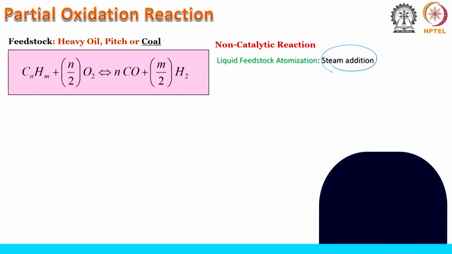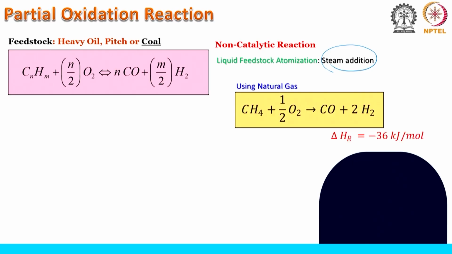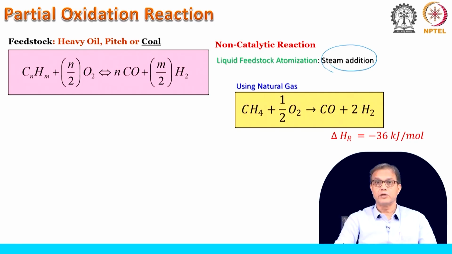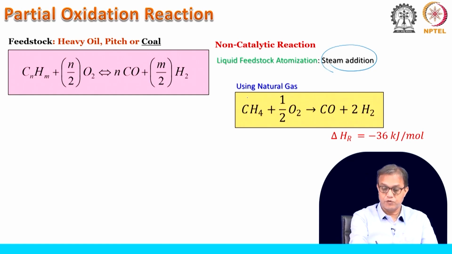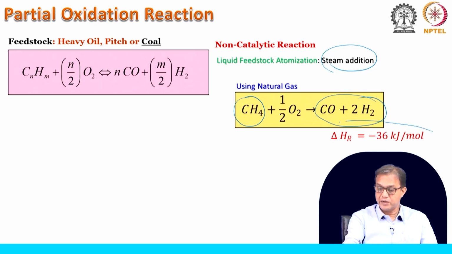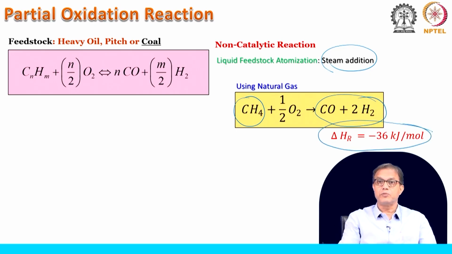So, that is about this reaction, and with natural gas, as I have told you, it needs oxygen, and with this oxygen CH4 will generate CO and H2, and from the reaction enthalpy you can understand that it is exothermic in nature.